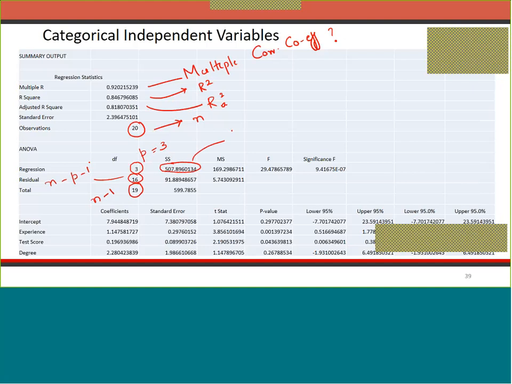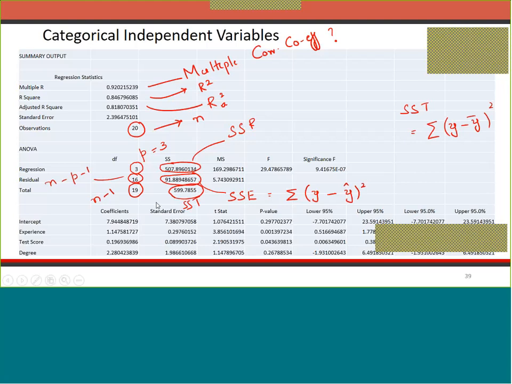This is sum of squares due to regression, and this is sum of squares due to error. You should always remember that it is summing all y's minus its approximate value squared. And this is total sum of squares. SST is always given by summing all squares of the differences between y and y bar.